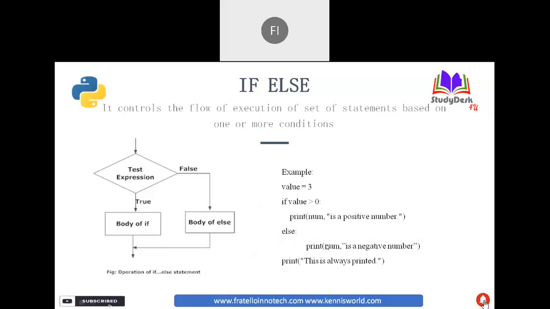Else, I directly print negative, without checking the condition again, because if the number is not positive, obviously it is a negative number. There is no doubt at all. So based on the condition result, the outcome will be displayed. Up to here, any doubt for anyone?